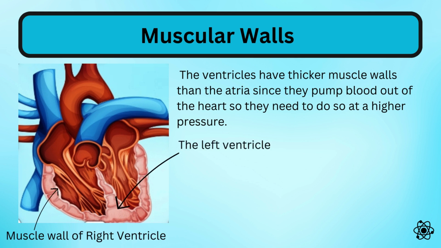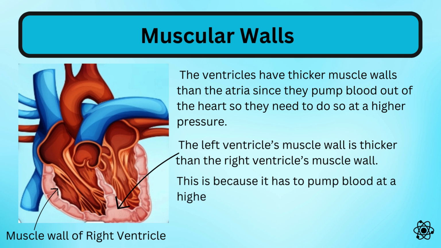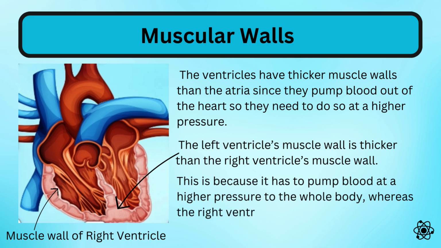Also, comparing both ventricles, the left ventricle muscle wall is thicker than the right ventricle's muscle wall. This is because it has to pump blood at a higher pressure to the whole body, whereas the right ventricle has to pump blood just to the lungs.